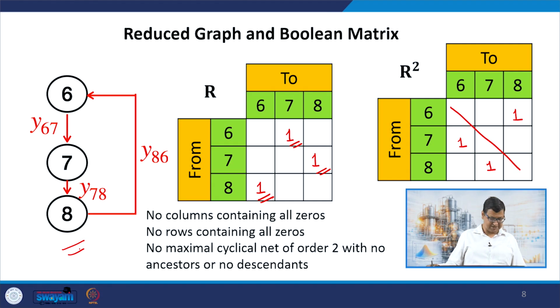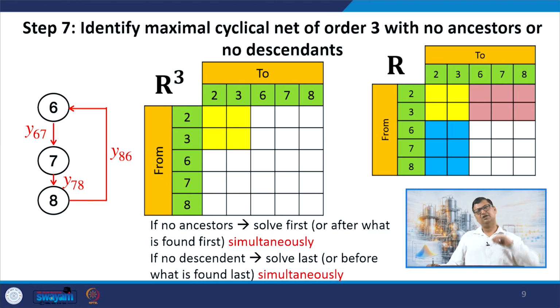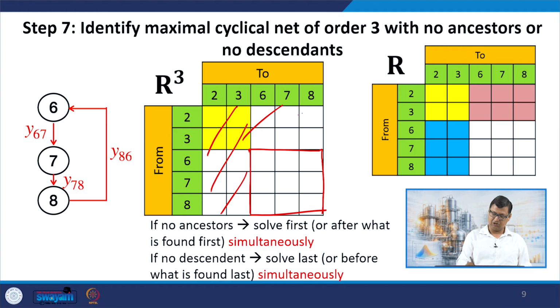So what do we do next? We go ahead and look for maximal cyclical nets of order 3 with no ancestors and no descendants, right. So now I am left with only this graph 6, 7, 8. These rows and columns are already gone, right.